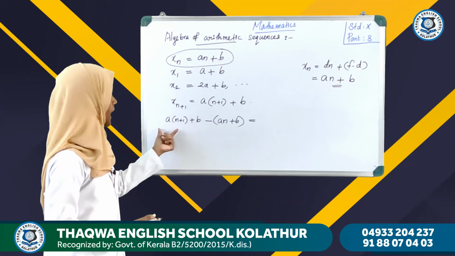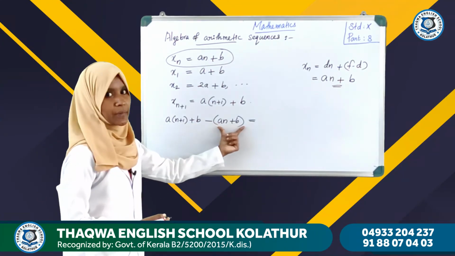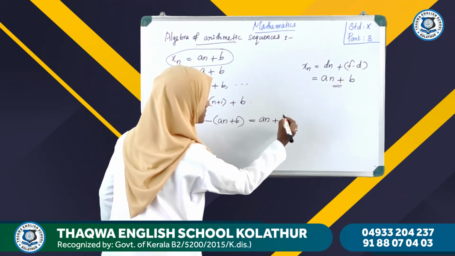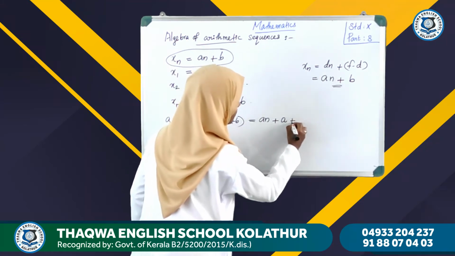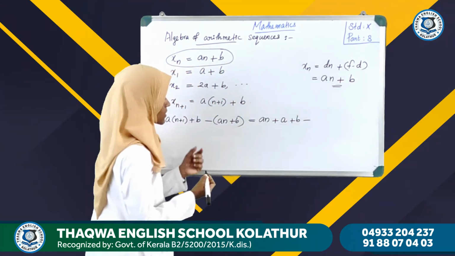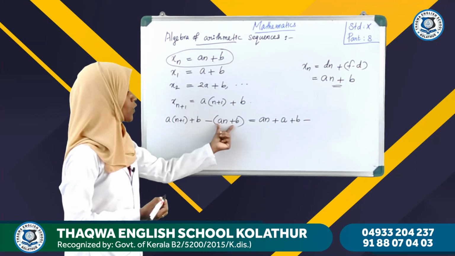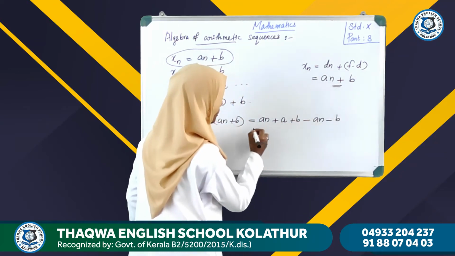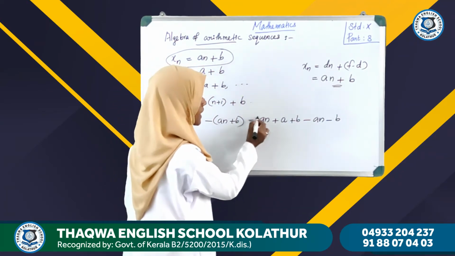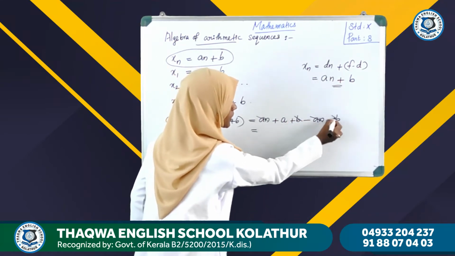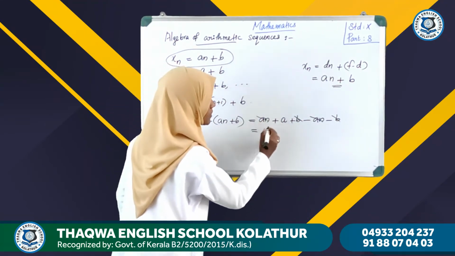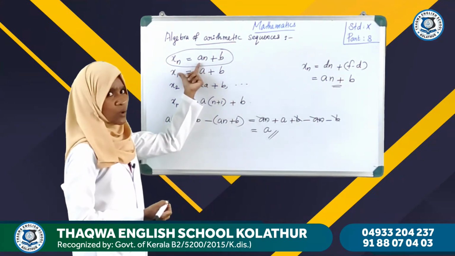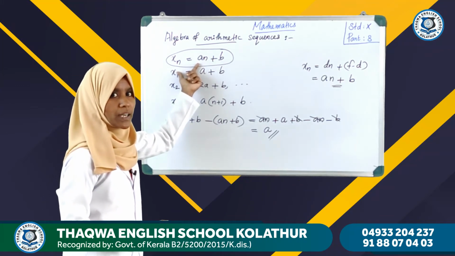What do you get? an plus a plus b minus an minus b. Let us cancel an and b also. The last one is a. What is a in our sequence? a is the common difference.